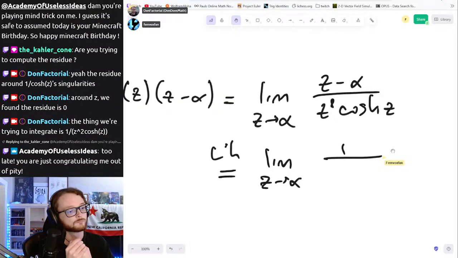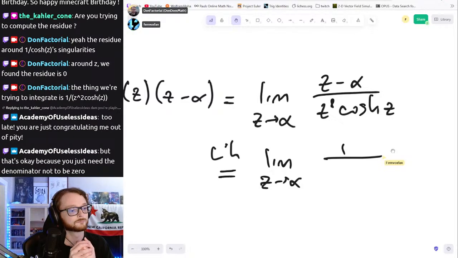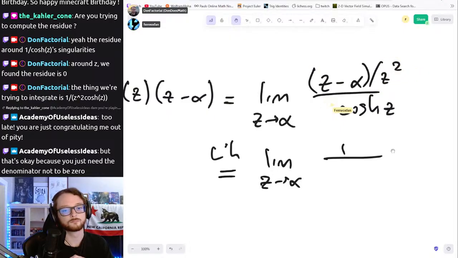Unless, can I put the z squared? Nope. Can I move the z squared upstairs and make it 1 over z squared times... maybe I could try that. Let's try this. I feel like this is not going to work.